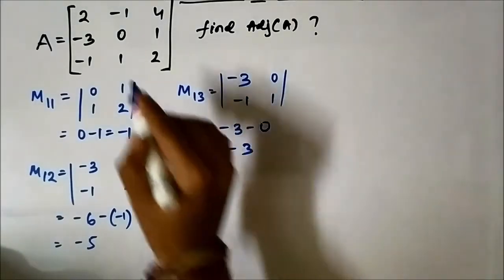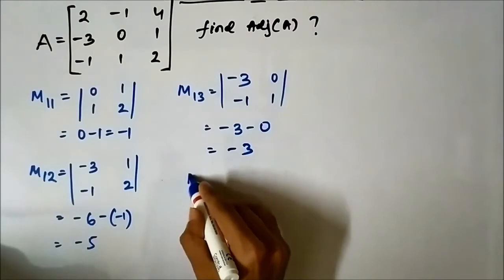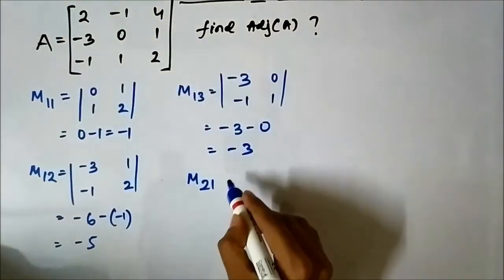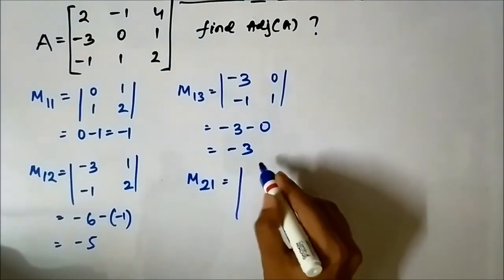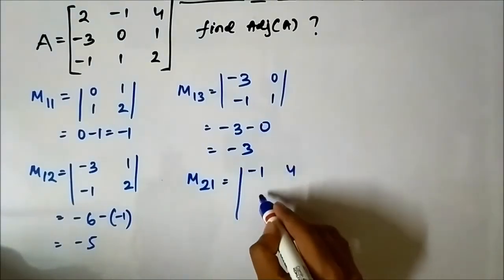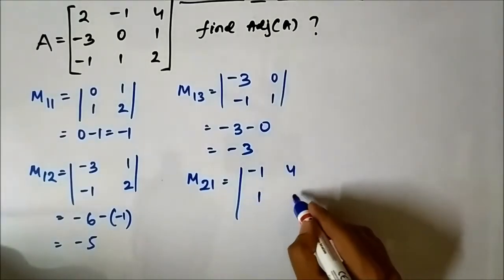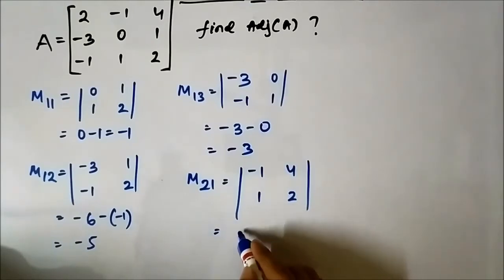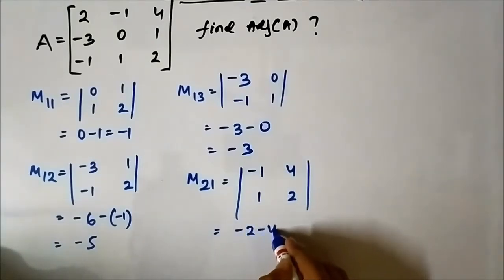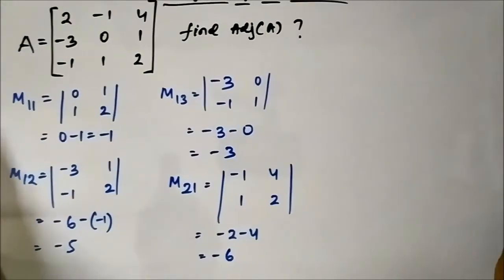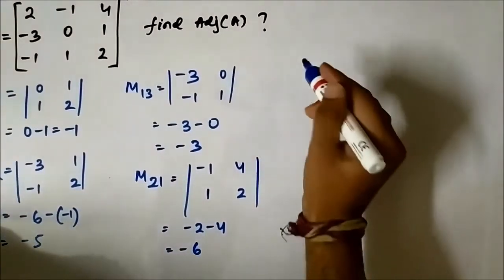Similarly, M21, second row and first column, the determinant is minus 1, 4, 1 and 2. So this is equal to minus 2 minus 4, which is equal to minus 6.